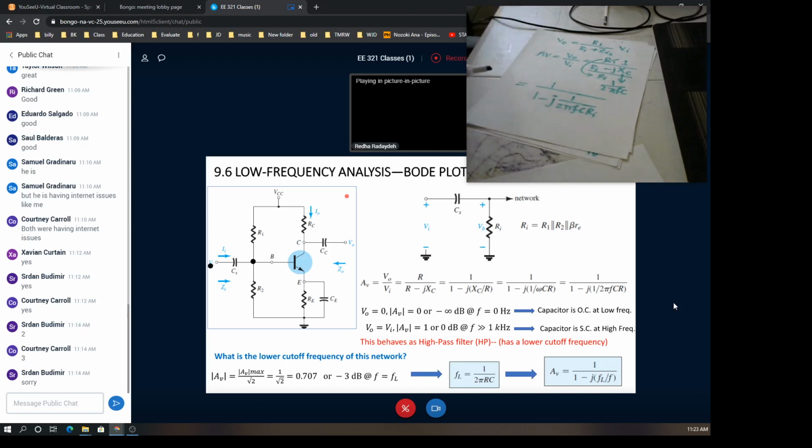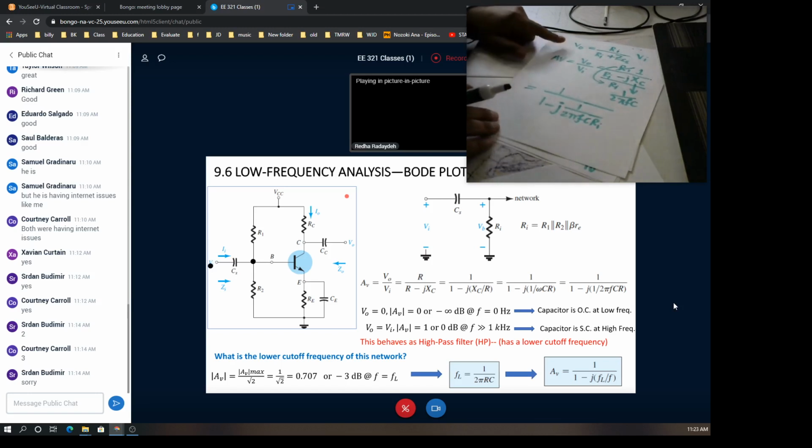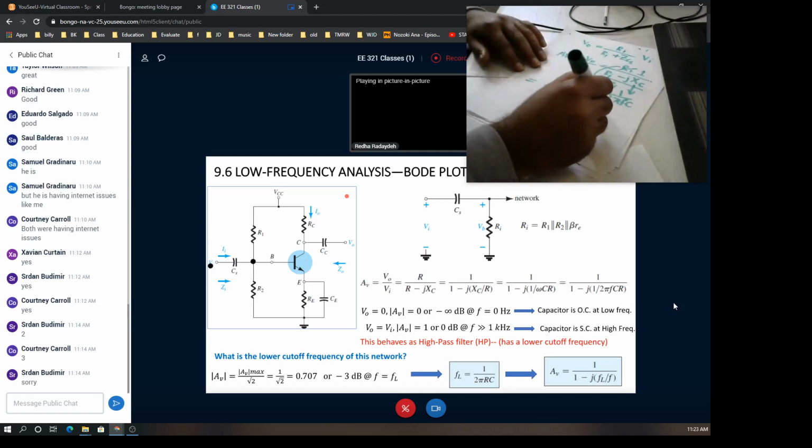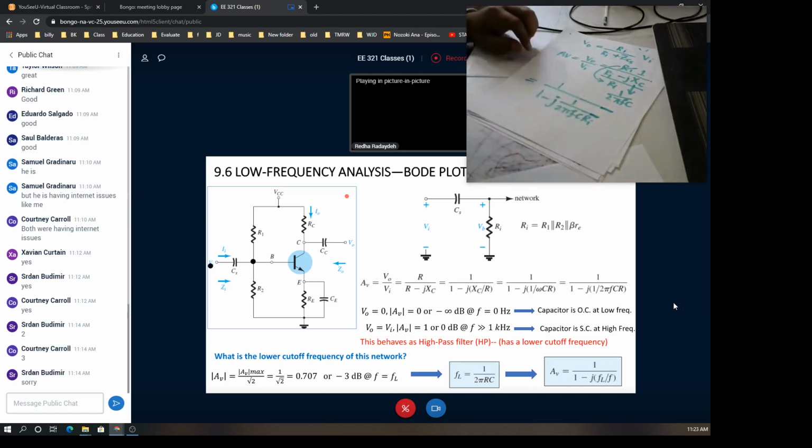Okay, sure. Now we have this voltage gain between output and input. Now looking at this result, we can tell whether the RC circuit we have there is operating as a low pass filter or high pass filter, which means whether that network would pass high frequencies or low frequencies, by a simple check.